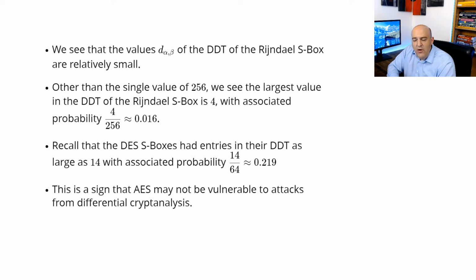And that's pretty small, especially when we compare it to the probability that we saw with the S-Box from DES, which had a probability of 14 over 64, which is 0.219, which is considerably larger than the probability in the AES S-Box, Rijndael. So this might be a sign that AES may not be vulnerable to an attack by differential cryptanalysis, whereas the DES cipher may be vulnerable to an attack by differential cryptanalysis.